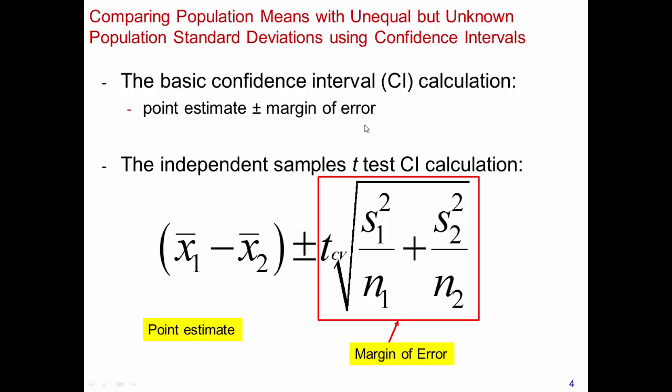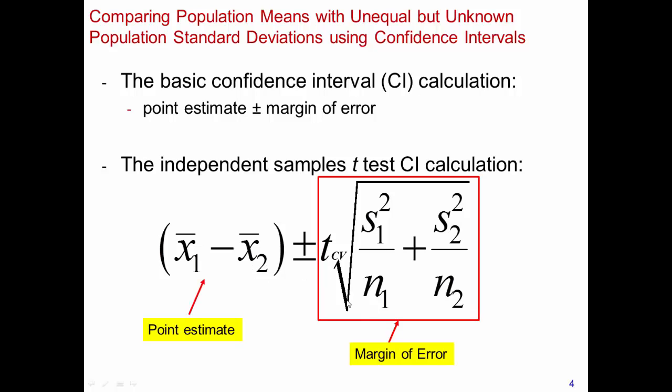Taking now the basic confidence interval calculation and converting it for use for our independent samples t-test confidence interval calculation, our point estimate becomes x bar sub 1 minus x bar sub 2, or the mean of the first group minus the mean of the second group.